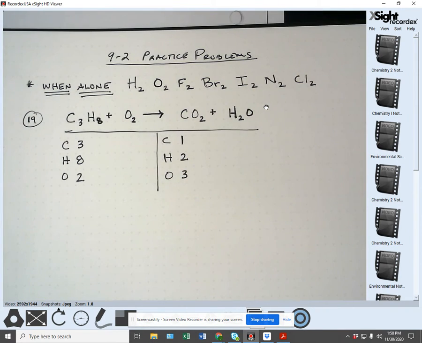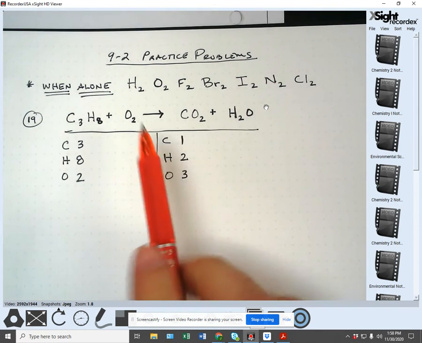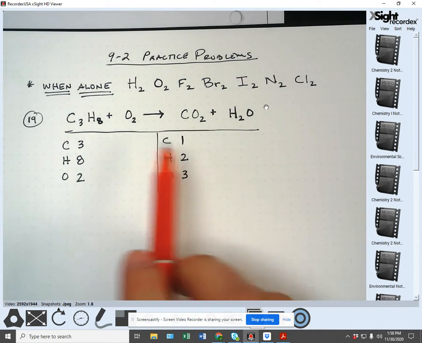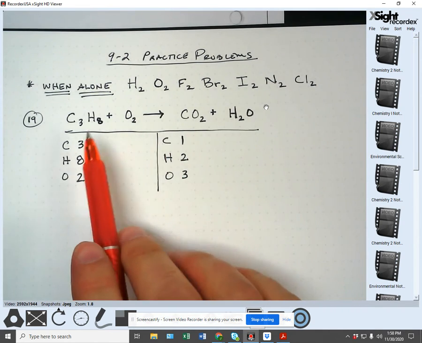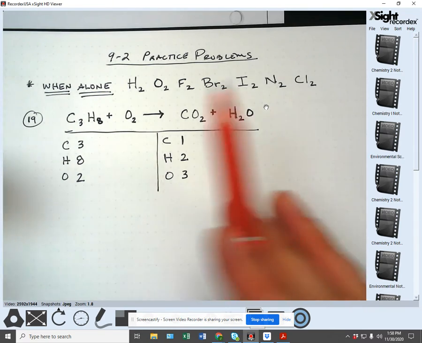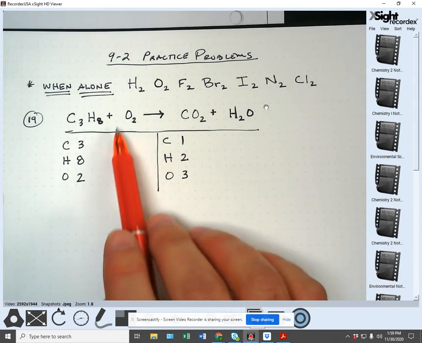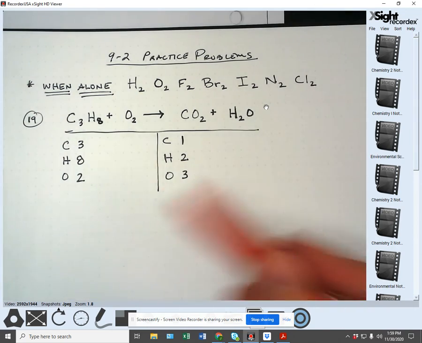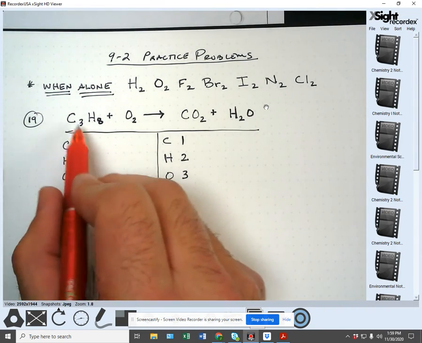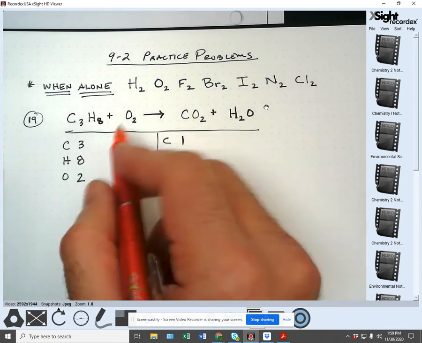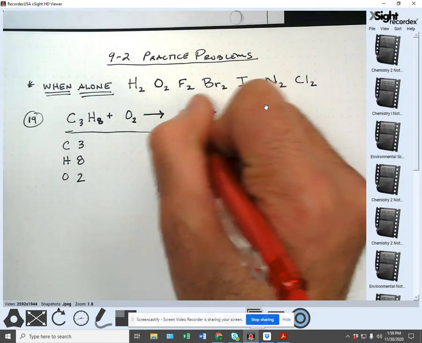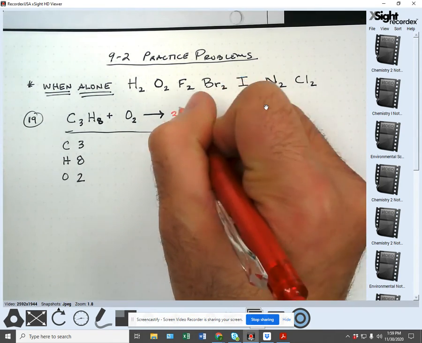Now, remember the helpful hint where I do the ones that are in the fewest spots first and the ones that are in the most spots last. So carbon and hydrogen are both in 2 spots, oxygen's in 3. So I'm going to do oxygen last. Carbon, we've got 3 over here and only 1 here. So to get 3 on this side, I'm going to put a 3 in front here.